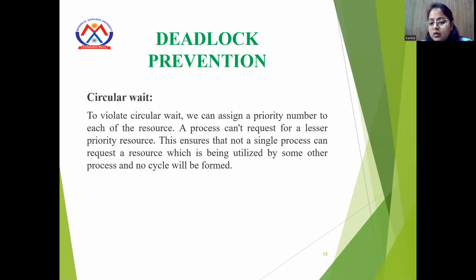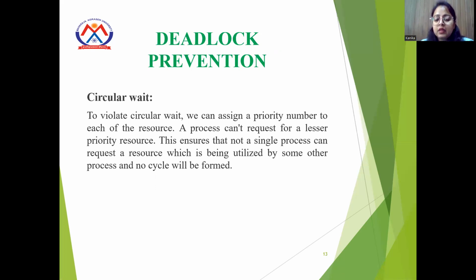A process cannot request a lesser priority resource. Means a process can only request a higher priority number than what it has already asked for. This ensures that no single process can request a resource which is being utilized by some other process, and no cycle will be formed.